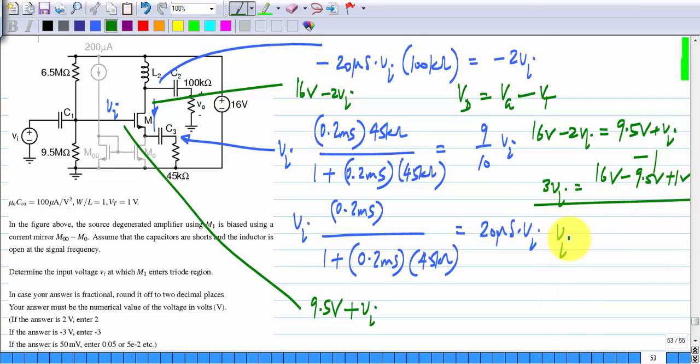Or in other words, Vi is 7.5 volts divided by 3, which is equal to 2.5 volts. So when Vi is plus 2.5 volts, the drain would have fallen, and the transistor just enters triode region.